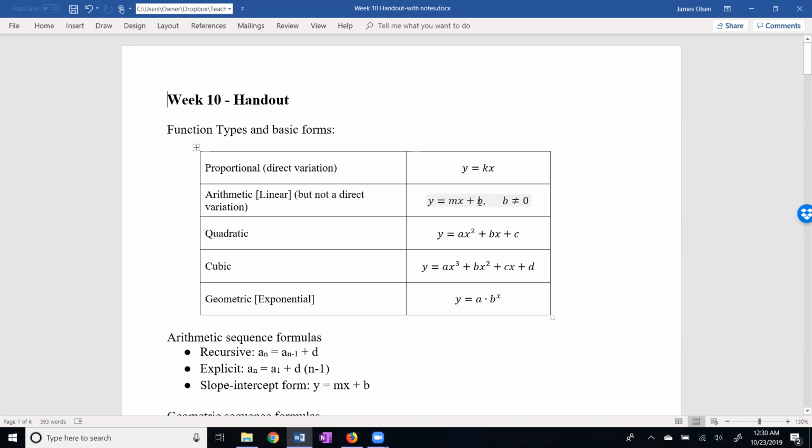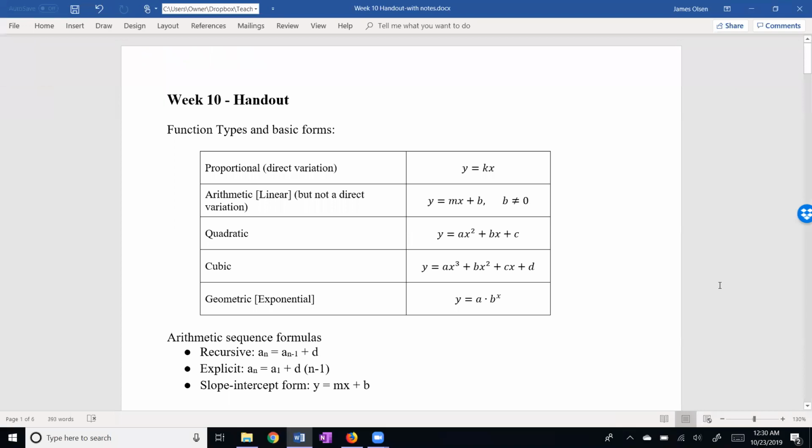By the way, I should indicate what we mean by proportional. If we divide both sides of y equals kx by x, for example, we get y over x equals k, and k is the constant. X and y are variable, but k is constant.